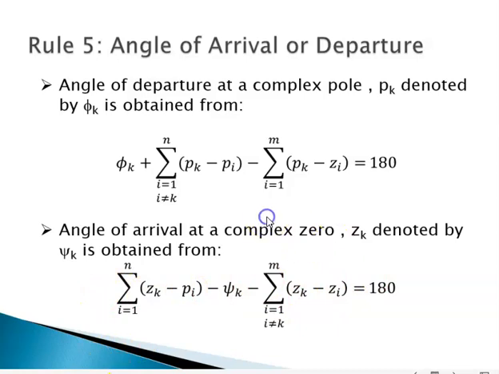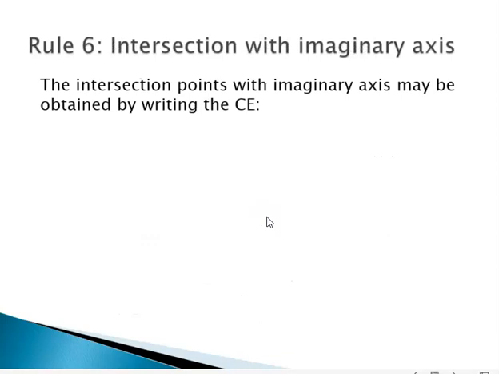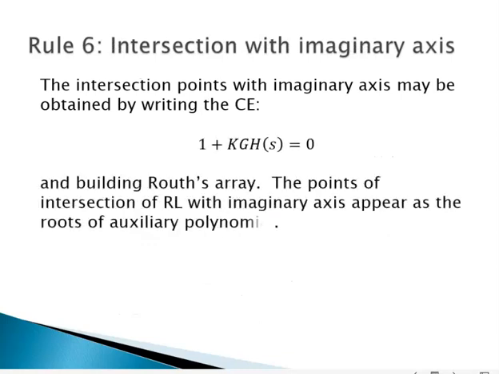And the only other aspect that is remaining is the points of intersection with the imaginary axis. We write the characteristic equation. We build the Routh array for this characteristic equation, and the points of intersection appear as the roots of the auxiliary polynomial.